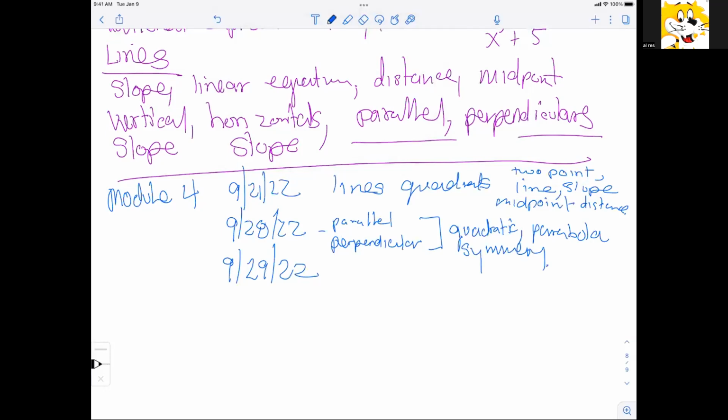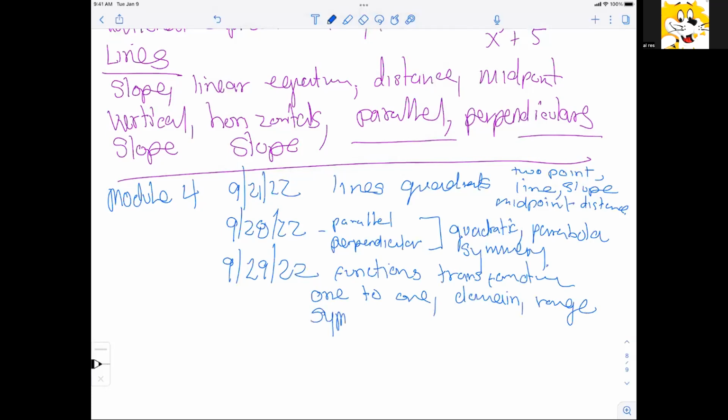And on the video on the 29th, we did functions and transformations. We did 1-to-1. We did domain. We did range. We did symmetry. Transformations. That was module 4.